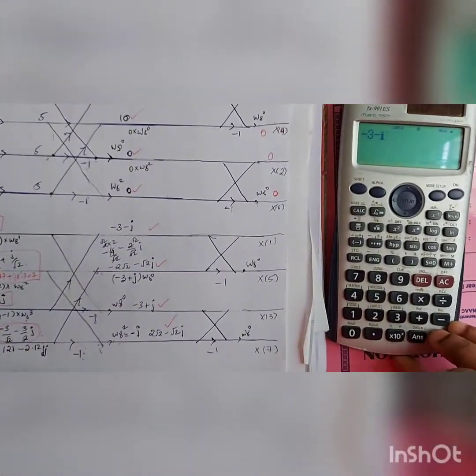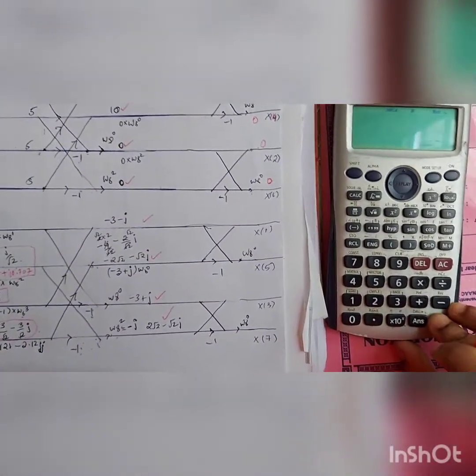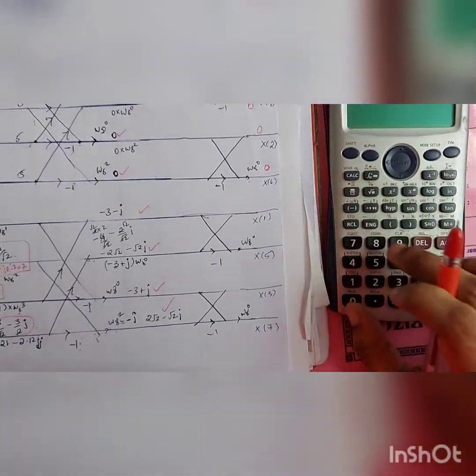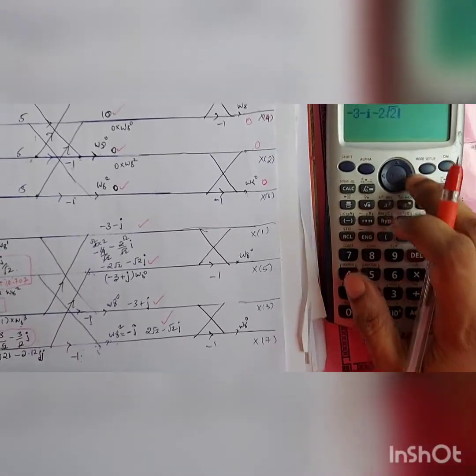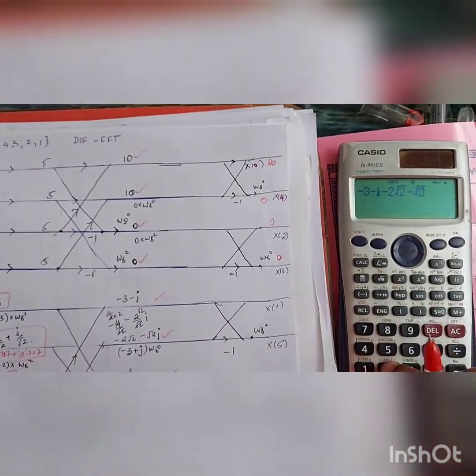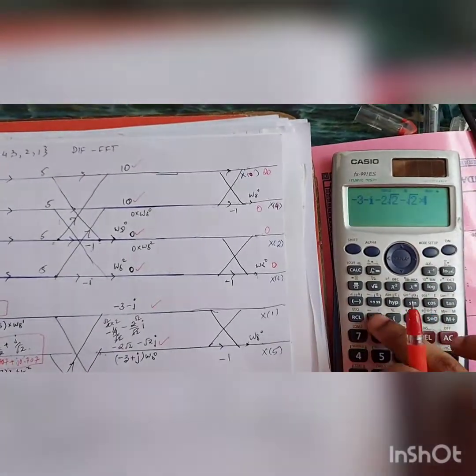Okay, you're adding, so minus 2 root 2 minus root 2 into j.